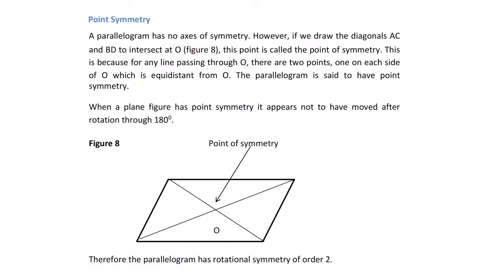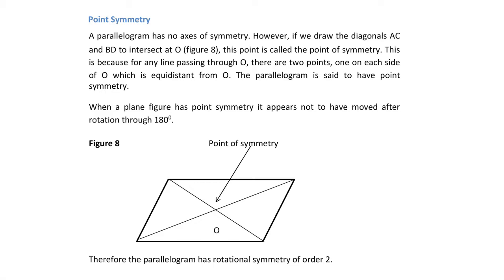We want to look at point symmetry. Look at the parallelogram on your screen. A parallelogram has no axis of symmetry. However, if you draw the diagonals AC and BD to intersect at O, like in figure 8, this point is called the point of symmetry.